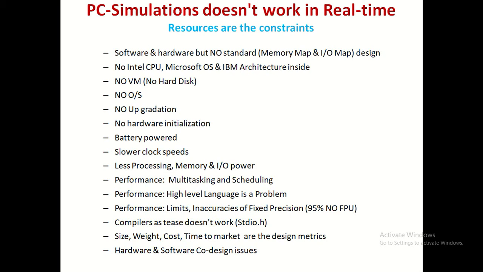So point number 1, though once again we are talking about software and hardware, a personal computer or desktop system is a standard system, where the entire hardware and software, almost from the 1980s till date, the memory mapping and IO mapping architecture, is standard.